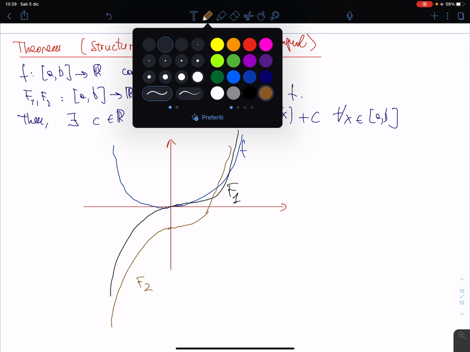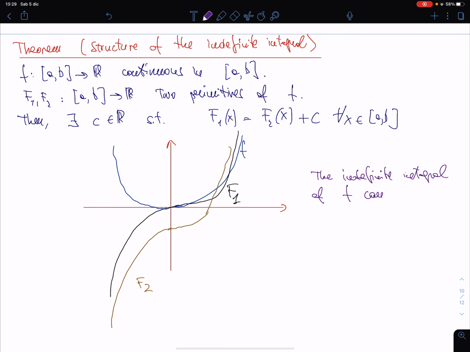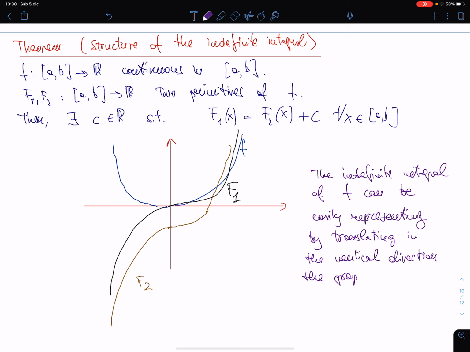So, the set of primitives, so the indefinite integral of small f, can be represented easily by translating, in the vertical direction, the graph of a given primitive.